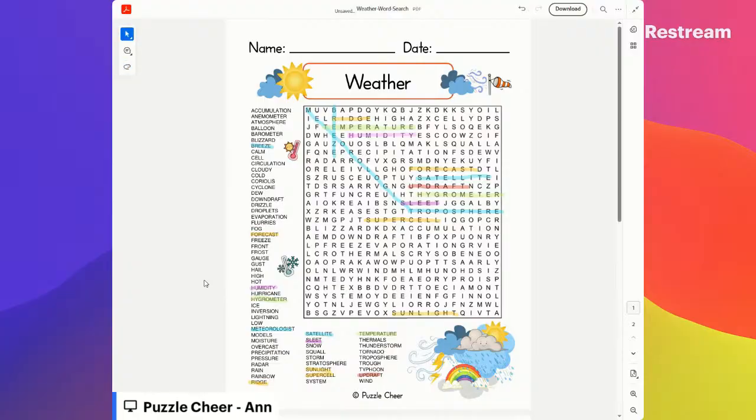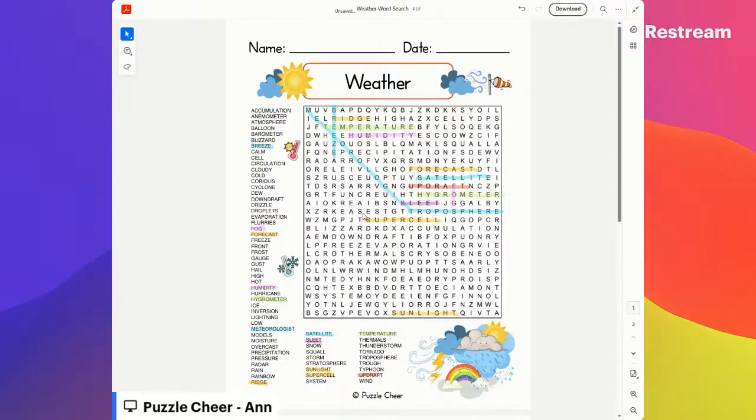Rory says fog is vertical, starting with the F of updraft, mid-right. All right, so updraft and fog crosses right through those other words. Fog, F-O-G, fog. So do we have east?